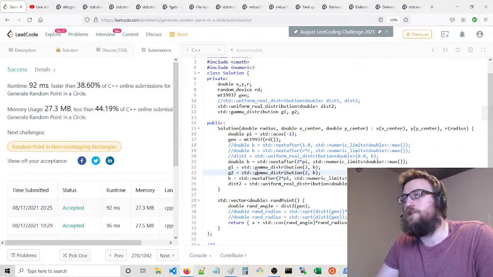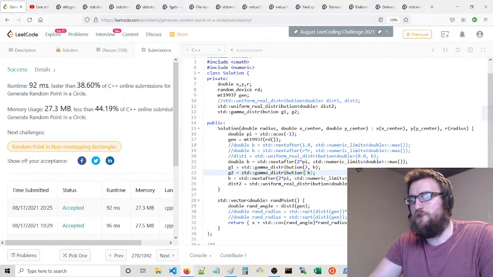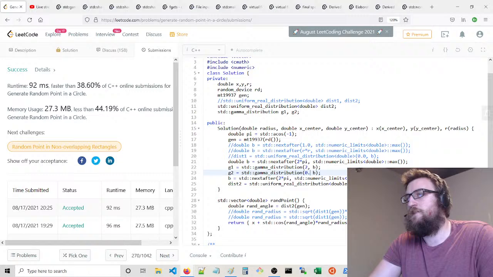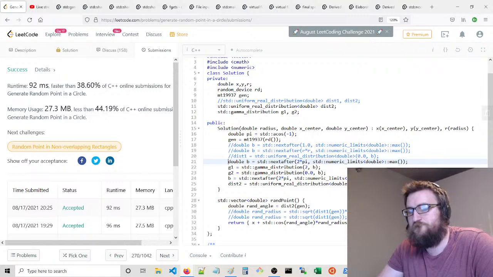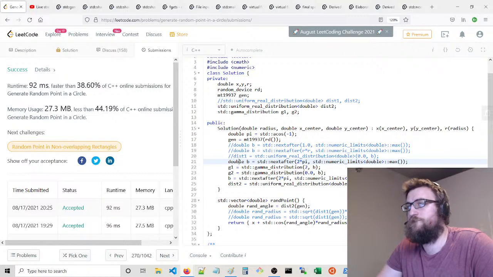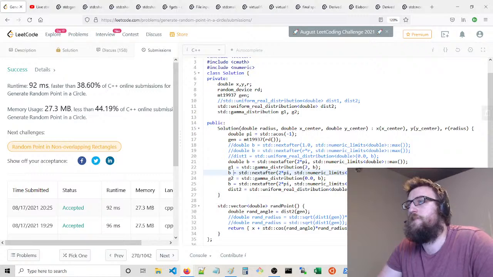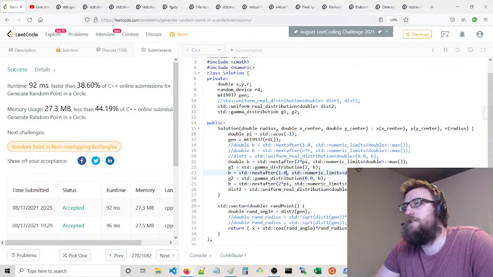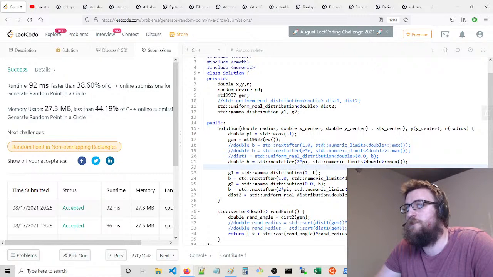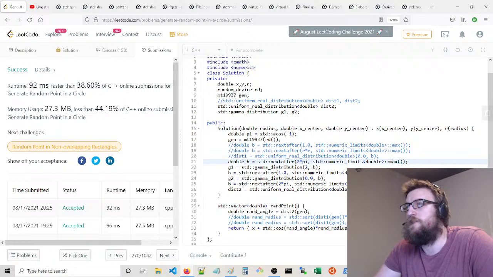G2 is 0 and B again is going to be 1. So this is going to be 1.0, the limits max. And then this one is 0, so limits max, 0.0.